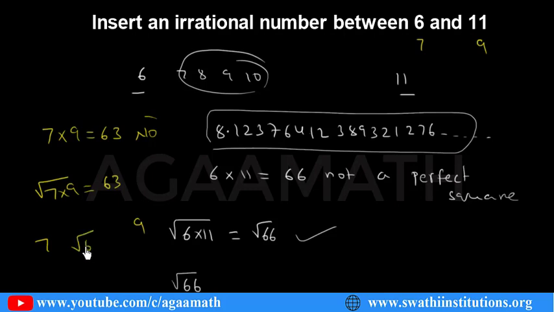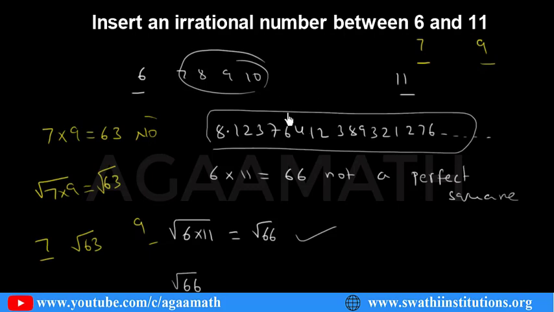So the square root of 63 is an irrational number which lies between 7 and 9. This is also one method. So you have to understand this: if two given numbers are positive rational numbers and their product is not a perfect square number, then the square root of the product of the two numbers is an irrational number which lies between the given numbers.